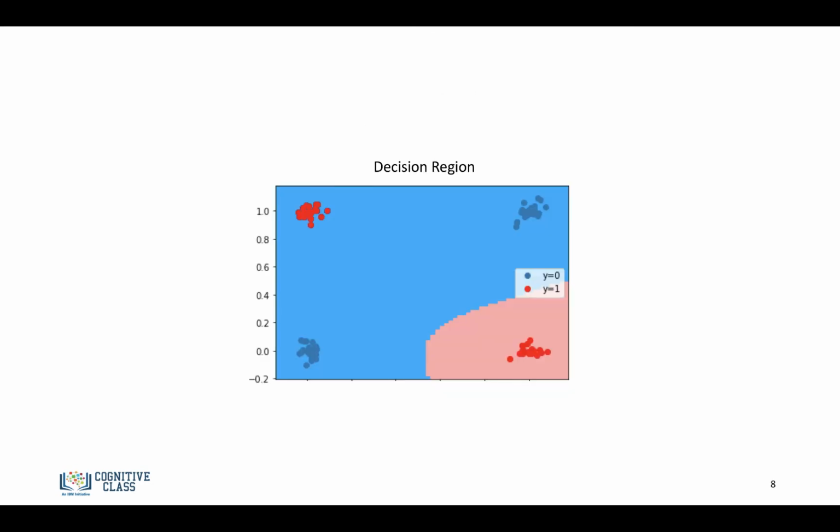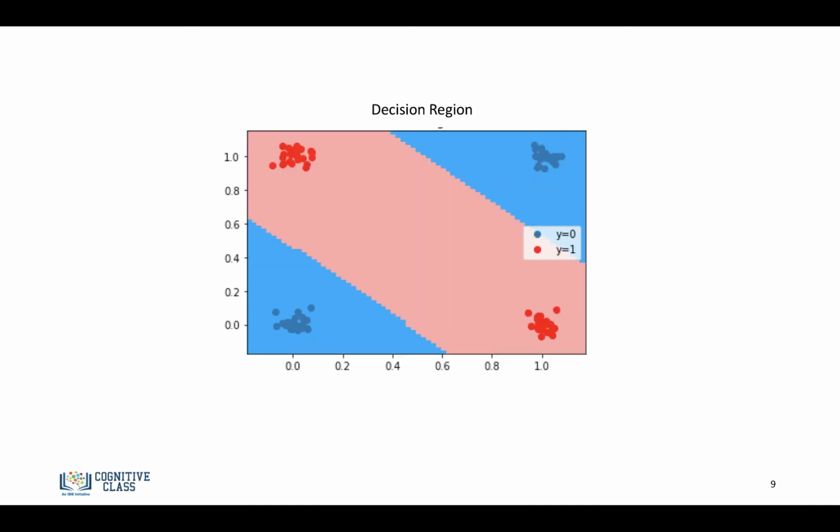Here's another example, and in this example, we actually used 3 neurons. And as you can see, all these samples are misclassified. Now let's see what happens when we increase the number of neurons. So in this example, we have 4 neurons. And we see that these samples are correctly classified, these samples are correctly classified, and these samples are correctly classified.